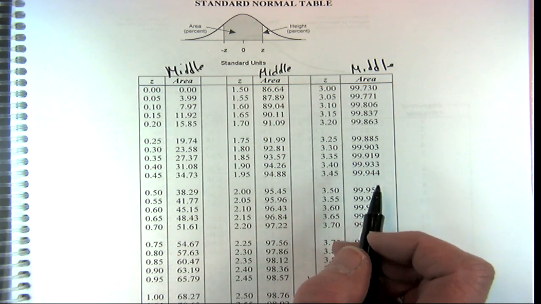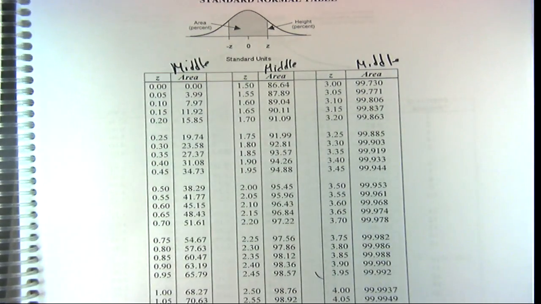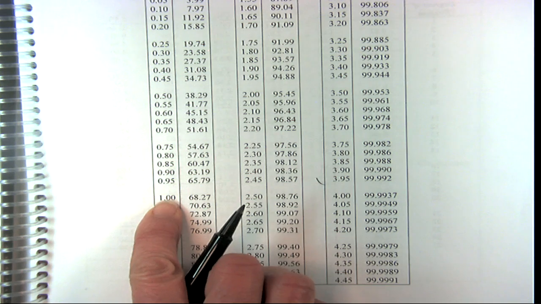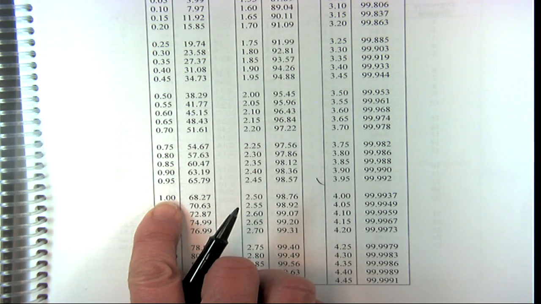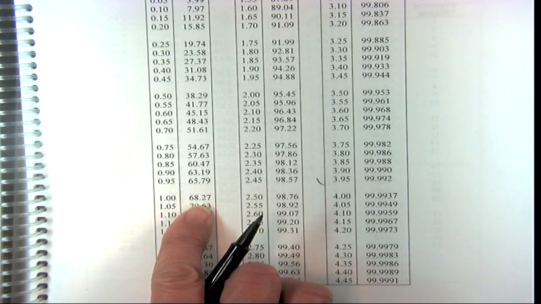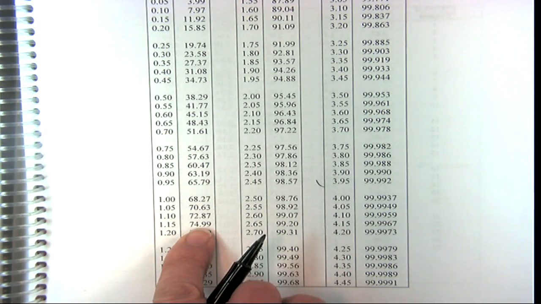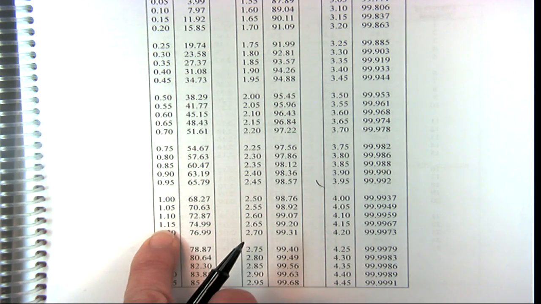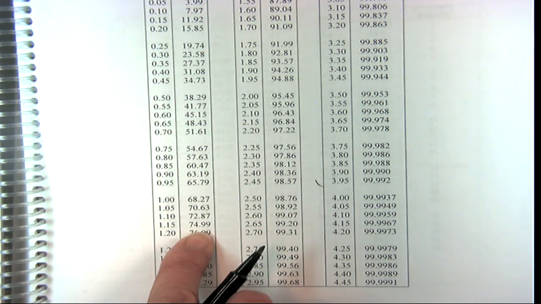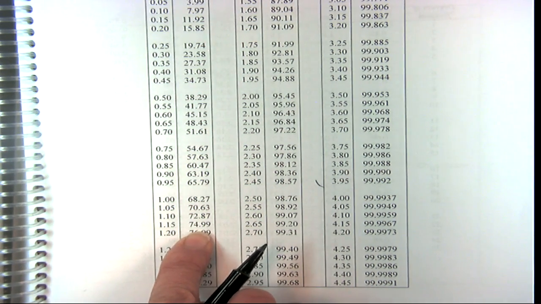And if I wanted to be 68% sure, then it would correspond to a z-score of about 1. If I wanted to be 75% confident, then it would correspond to a z-score of 1.15. That's called the critical value of z for a particular confidence level.